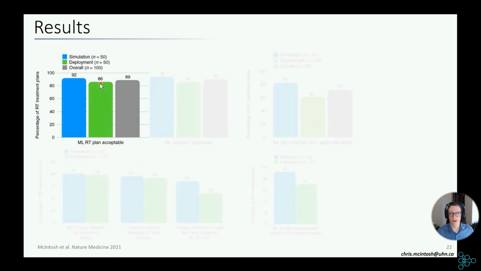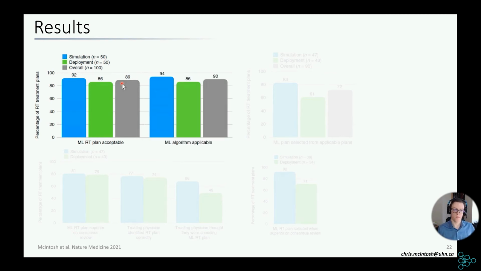During the deployment phase, that was 86%, so a small drop, but not statistically significant, or 89% overall. That's a pretty solid result. It means that just under 90% of the time, the AI created a plan that was safe, which is a phenomenal win.